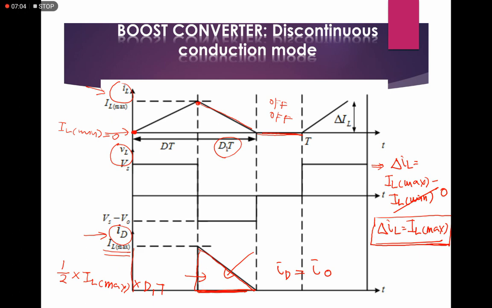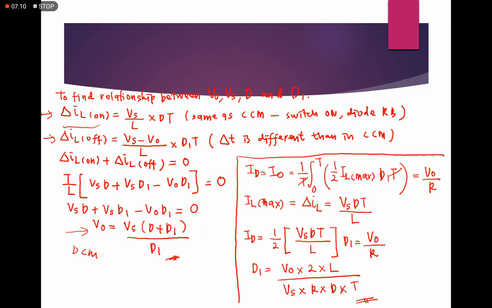Then you'll be able to relate your diode current and your output current. Your diode current will be equal to your output current, which, if we define it in terms of voltage and resistor, will be V0 over R. Your IL max, based on the previous waveform, equals delta IL because your IL min is 0.